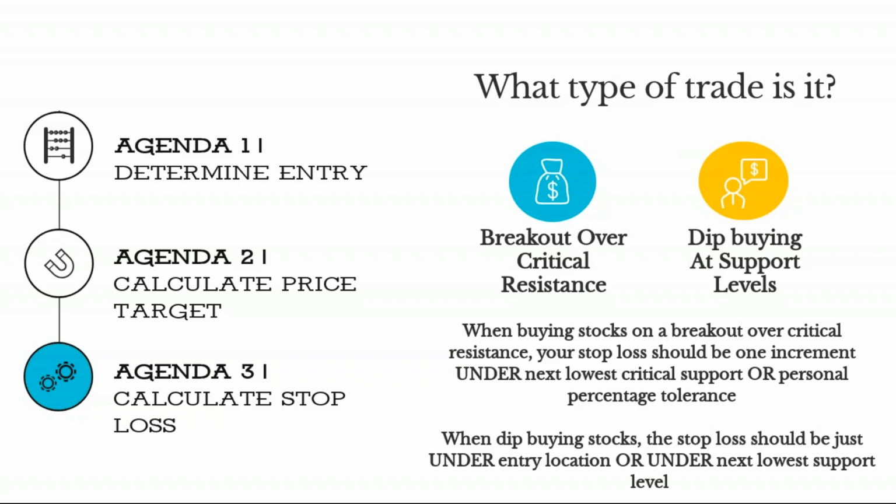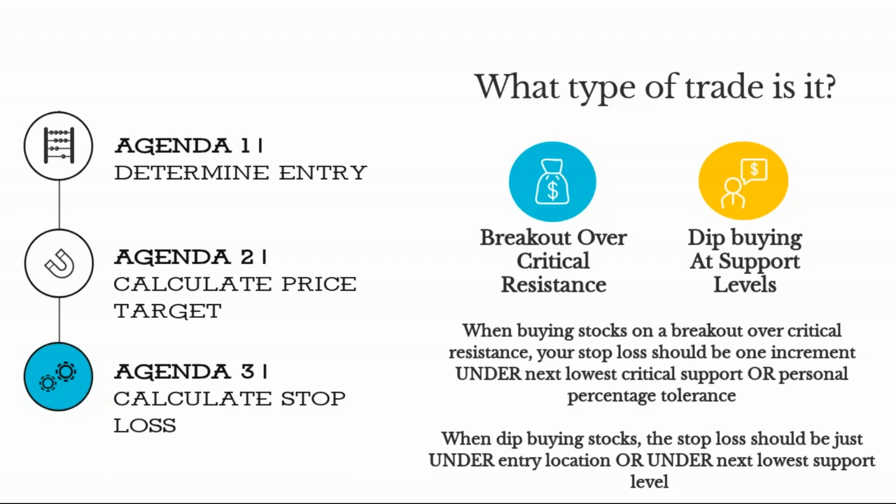If that's your personal percentage tolerance, then you have to find a natural level of support to base that personal percentage tolerance off of. So if mine's 5%, and let's say that's hanging around, I don't know, the 480, 470 level, we know that the natural support ends at a 5 or 0 increment. So now you're looking at 480, 475, 470.